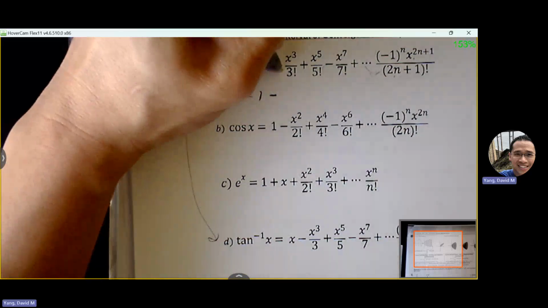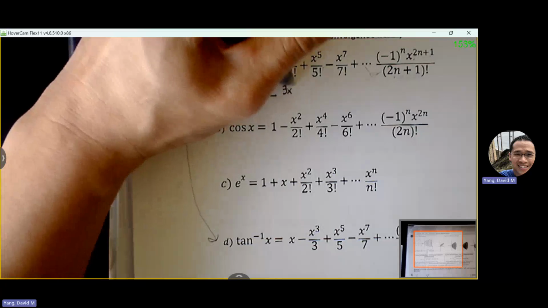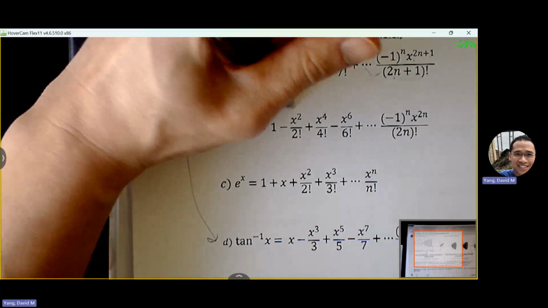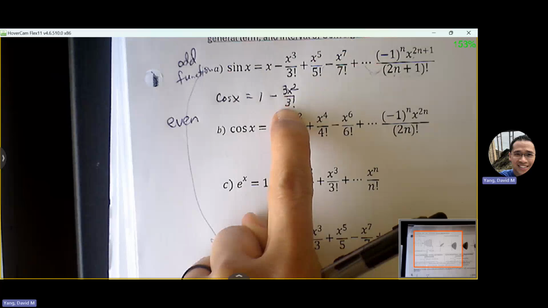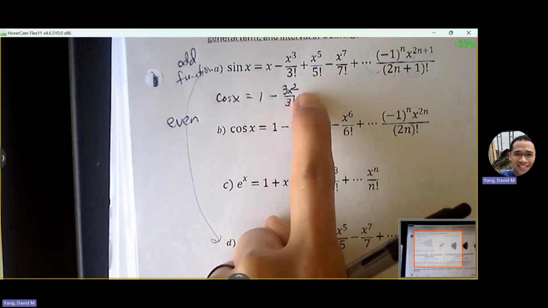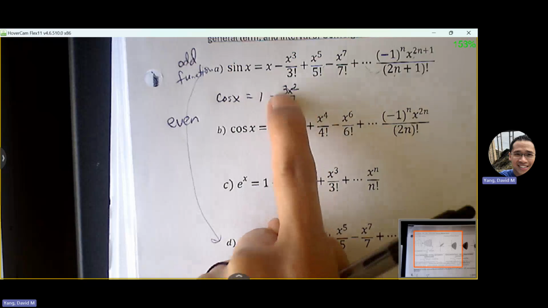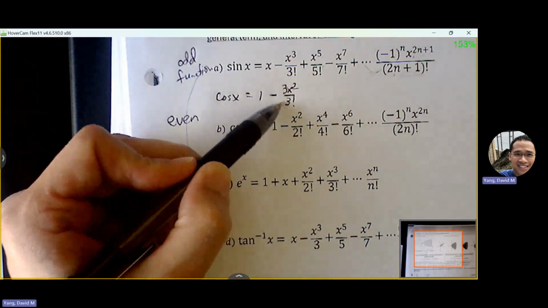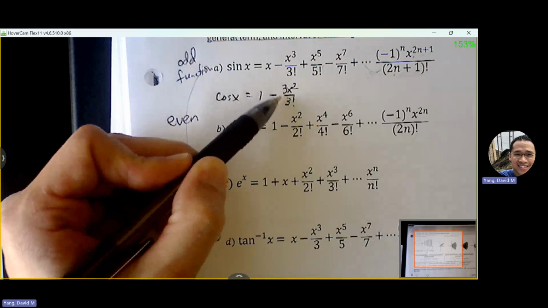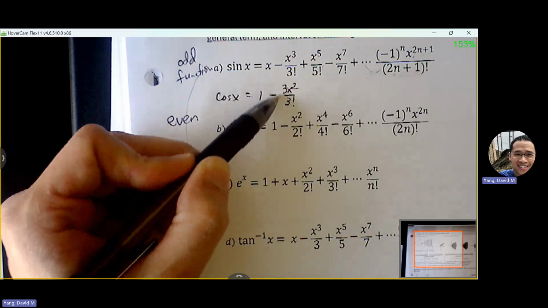So I would bring the 3 down, right? So 3x squared over 3 factorial. What does this turn into if I were to clean this up? x squared over, well, what can I do with the 3 and 3 factorial? I can cancel out the 3's.